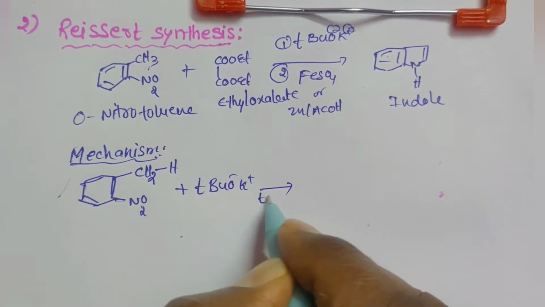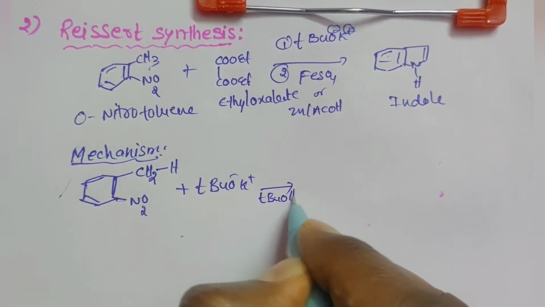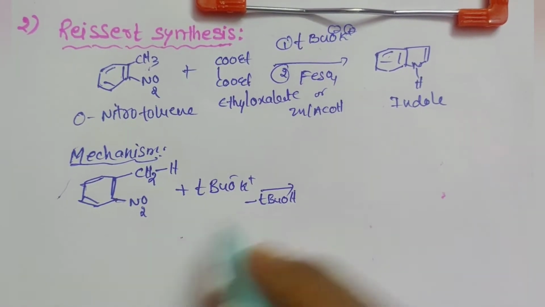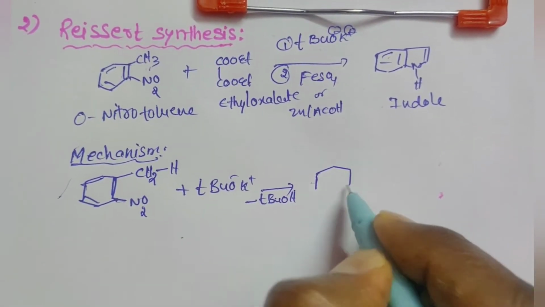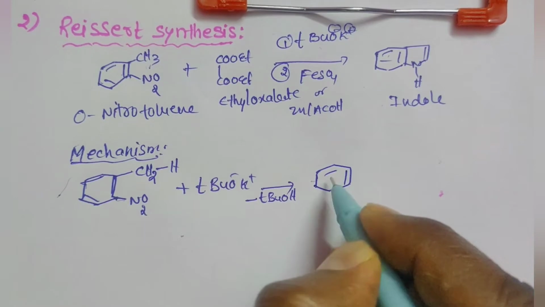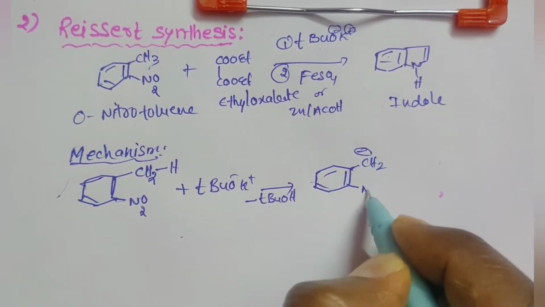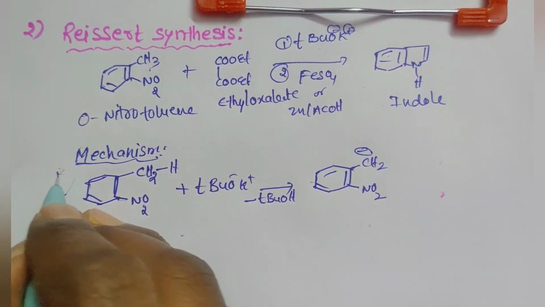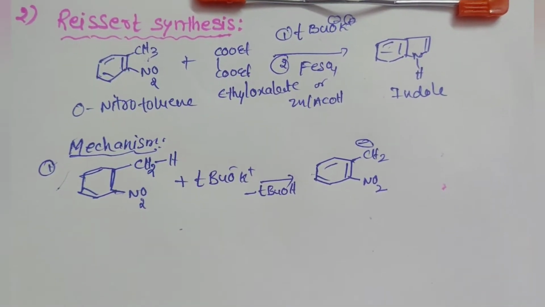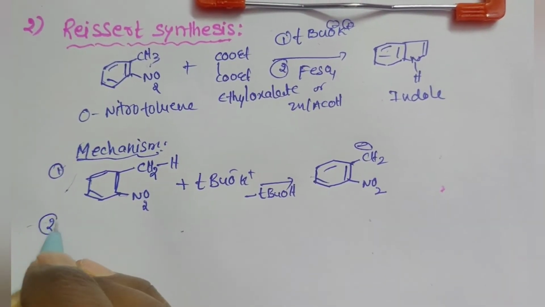Now, tertiary butyl alcohol goes outside, and we get the carbanion. This is the first step. In the second step, this carbanion attacks on the ethyl oxalate.